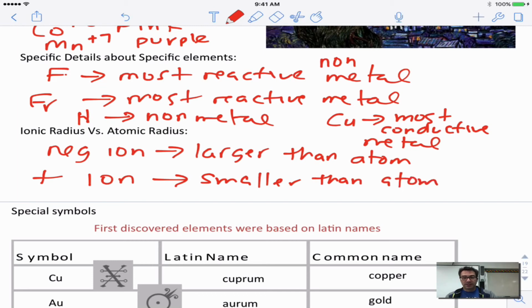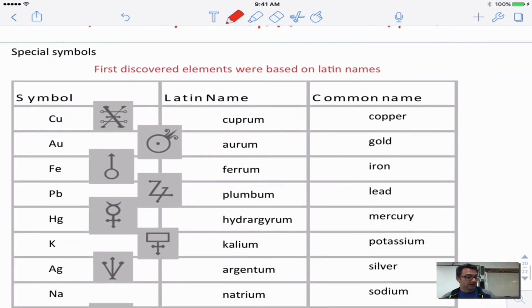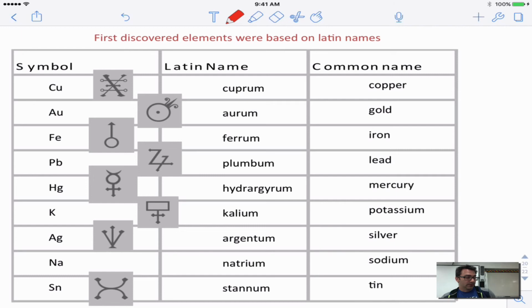If you're wondering where some of these names come from for these elements, here's a list of some of them that are kind of cool. So I will look through these. Some ones that are really sort of neat, like mercury. This actually stands for liquid metal hydrargyrum. If you've ever been to Argentina, the land of silver, Argentum.